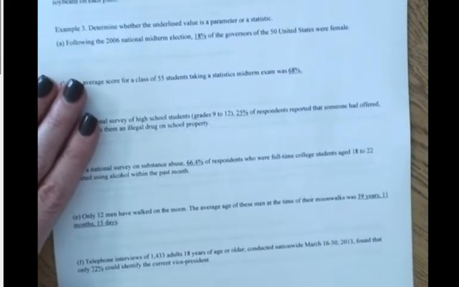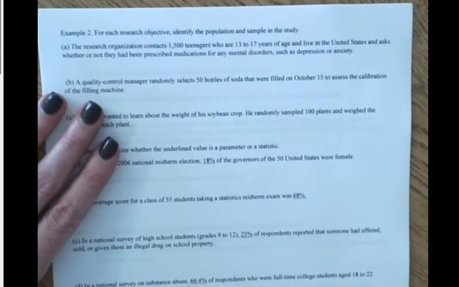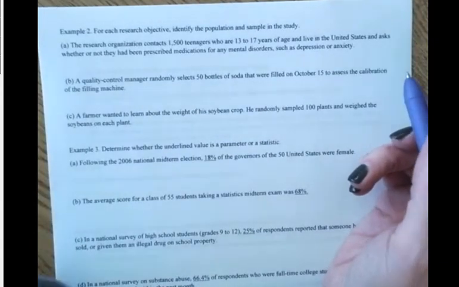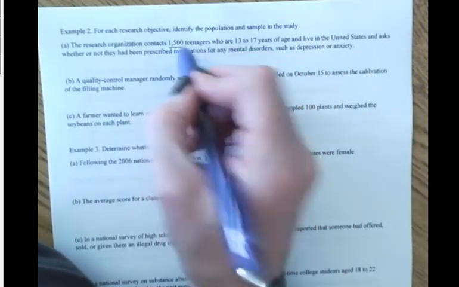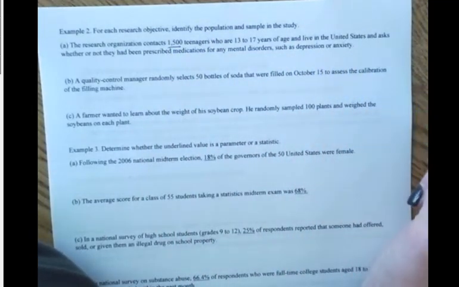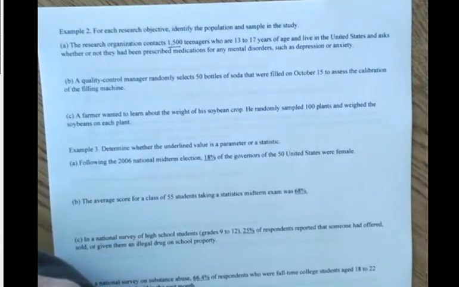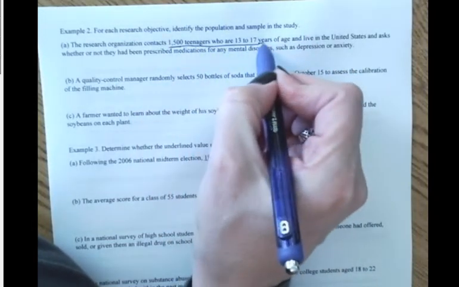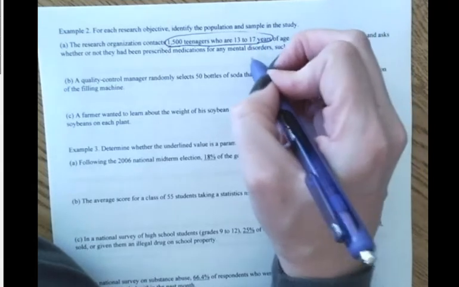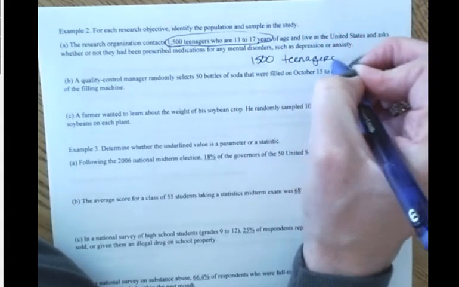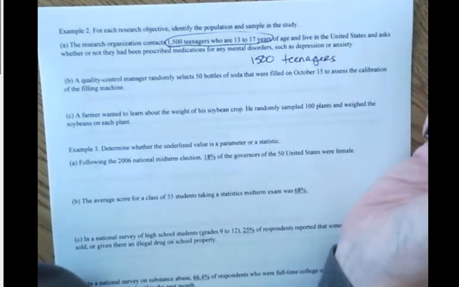All right, here's another example for us. Let's go back a little bit to population and sample. It's a little out of order, but let's do this. A research organization contacts 1,500 teenagers who are 13 to 17 and live in the U.S. and asks whether or not they have been prescribed medications for any mental disorders, such as depression and anxiety. So, look at this. 1,500 teenagers who are 13 to 17. I have to decide, is that 1,500 a sample or is that the whole population?